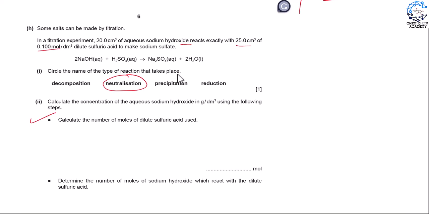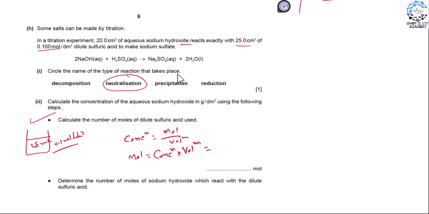So here you have 25 centimeter cube of 0.1 mole per decimeter cube sulfuric acid. So in a container, let's say you have 25 ml of 0.1 mole per decimeter cube solution. So what will be the mole? Concentration equals mole per volume. So mole equals concentration into volume.